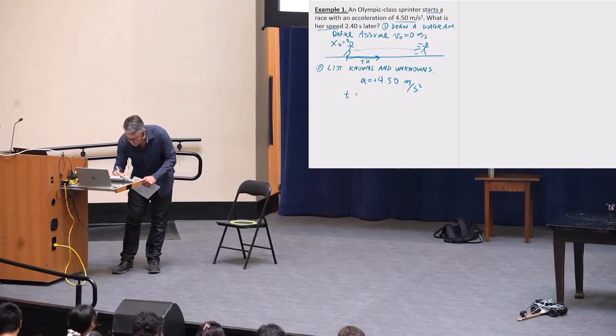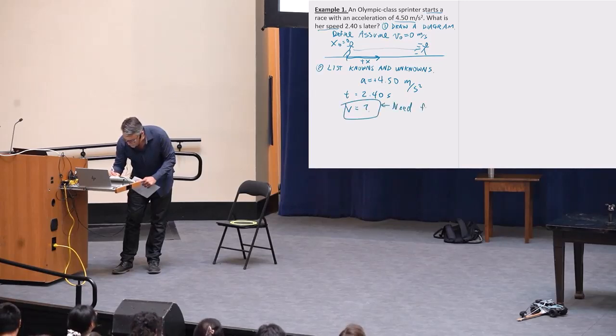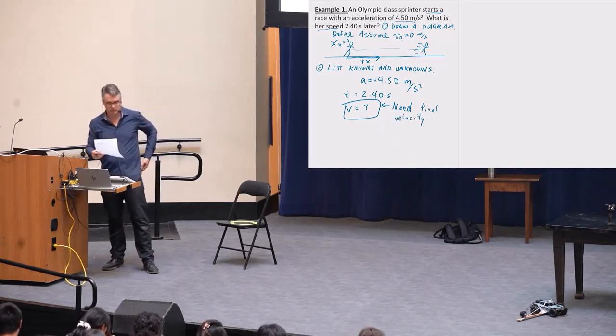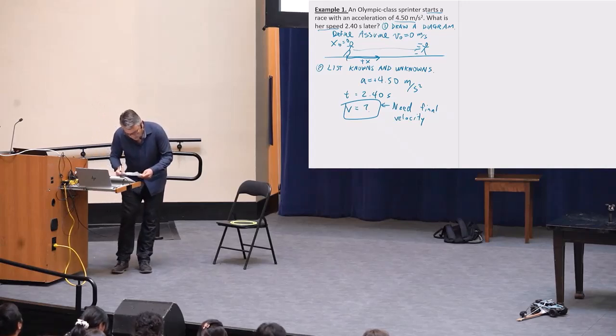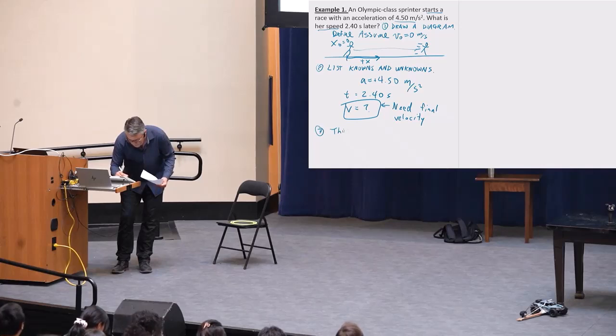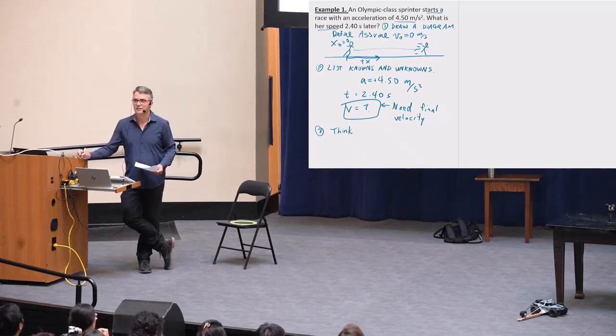So t is equal to 2.40 seconds, and v is equal to question mark. I need the final velocity, or the speed actually, which is going to be the absolute value of the final velocity, but that's okay.